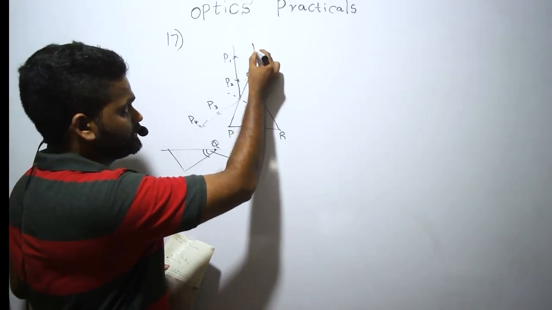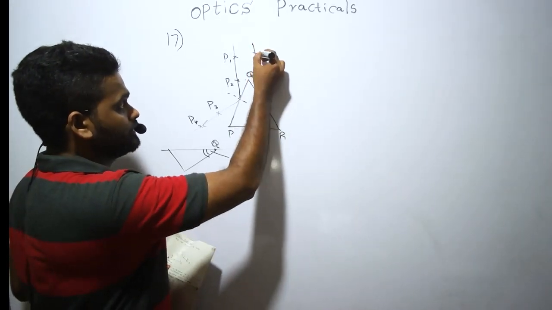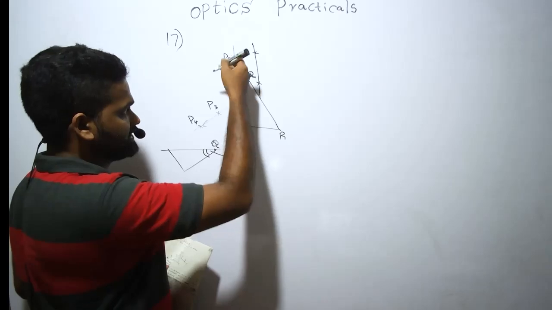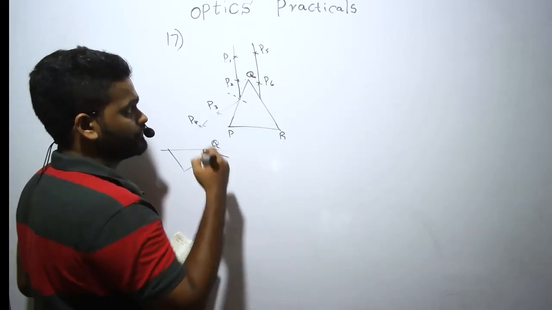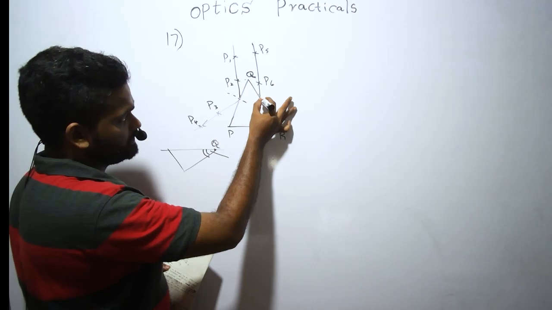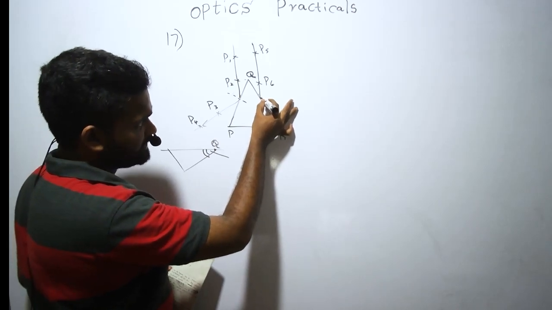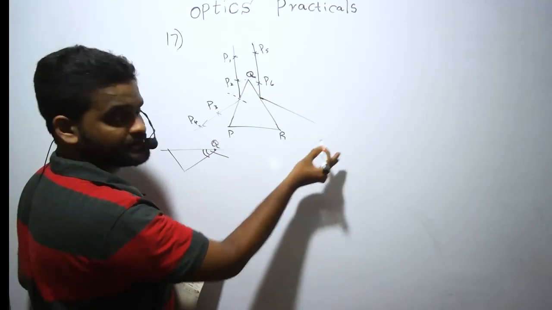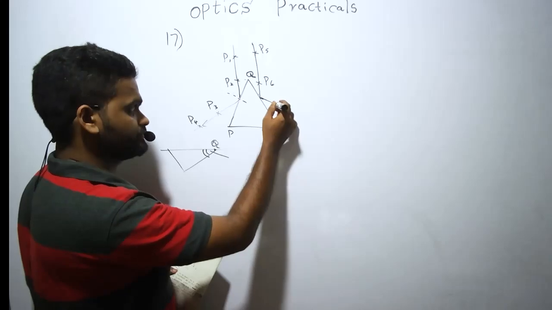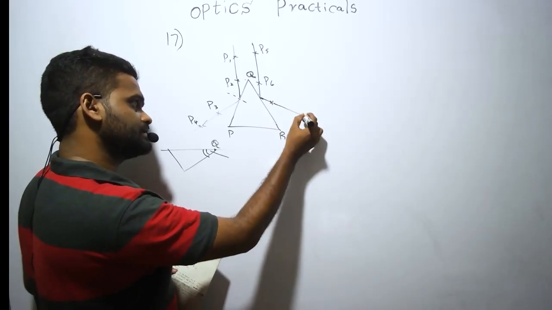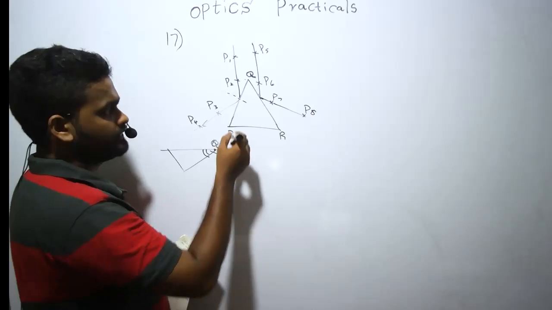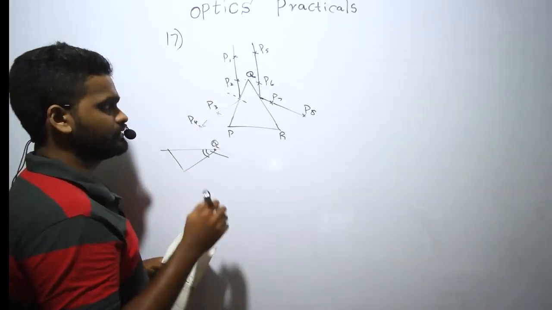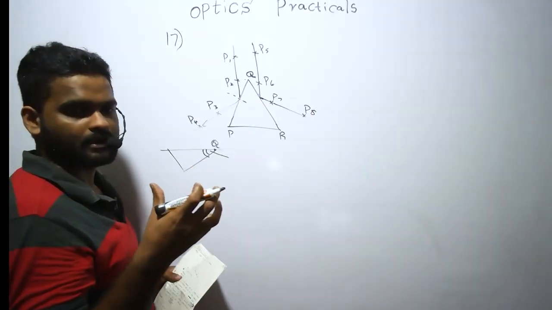Again, then you have another line. You can use the same pins, but I'll say P5 and P6. Then that gets partially reflected from this side as well. Then you place P7 and P8, right? Then you can take the prism out.